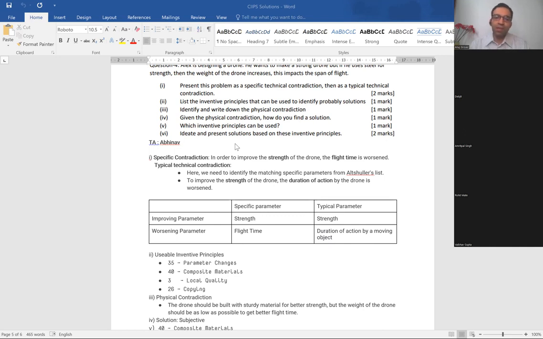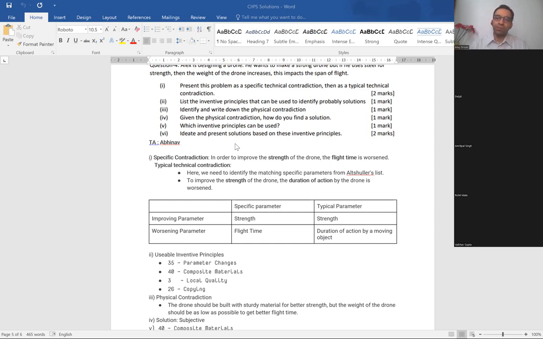So specific parameters are parameters that are specific to your problem statement. For example, if I take the previous problem statement, one could say that if I use a stronger glue, then the adhesion of the outsole with the midsole is better, but the comfort reduces.